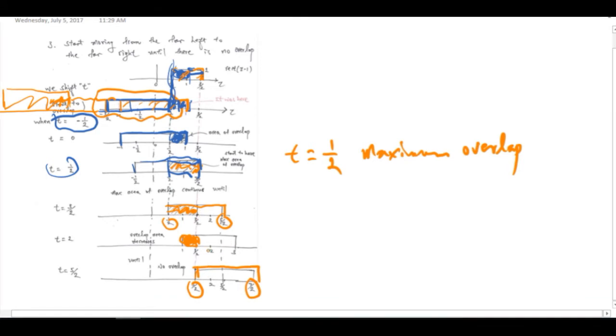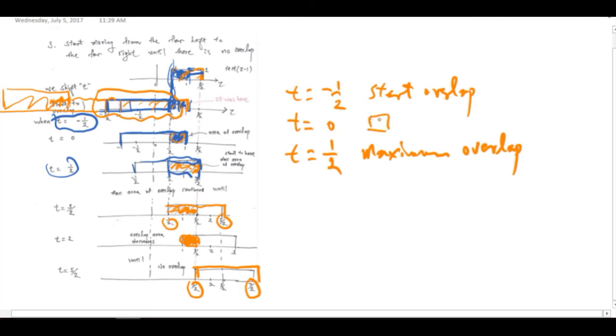So what we can see is we start to have overlap when t is equal to minus half.